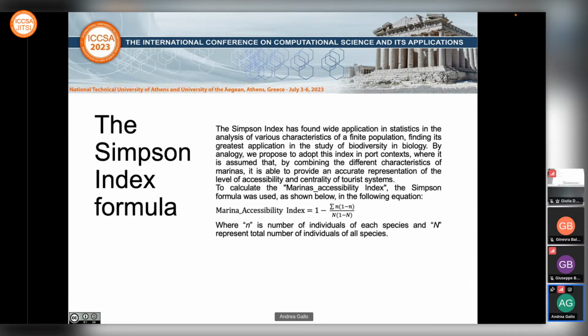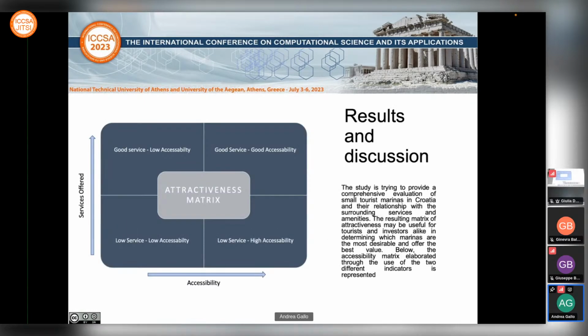Going deeper, we could see that in the literature this formula has also been widely used in other contexts. So we decided to use this formula to figure out an index that could give us some information related to the accessibility of these different marinas, based on all of the characteristics shown before. And these are the results provided.